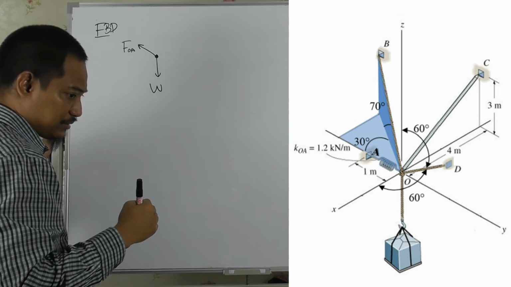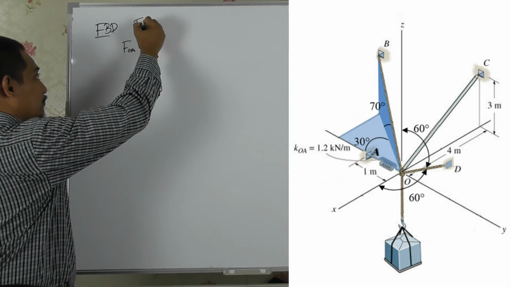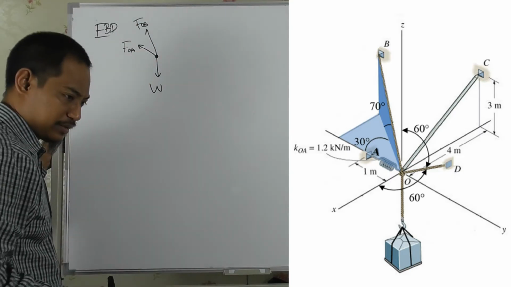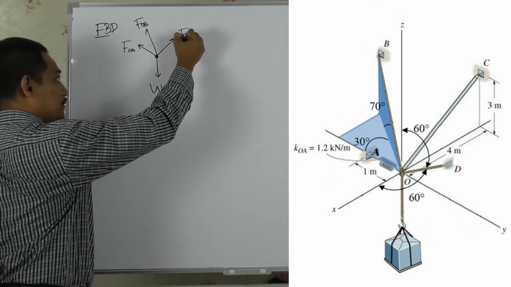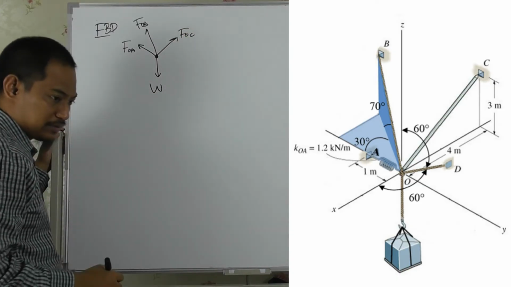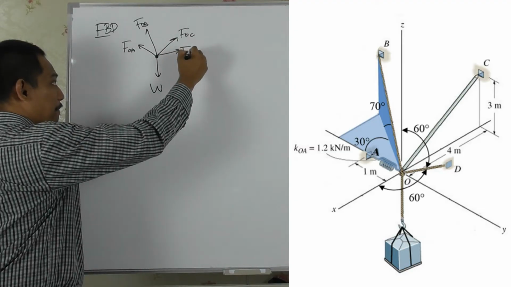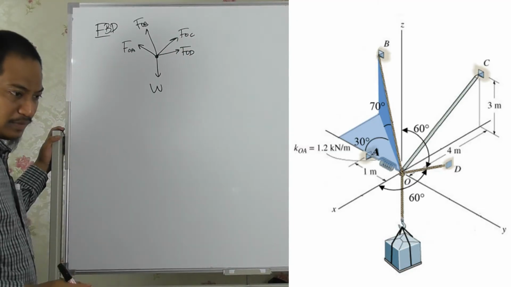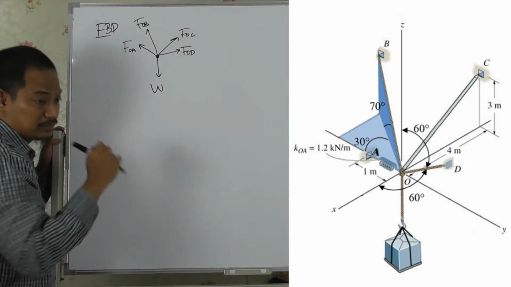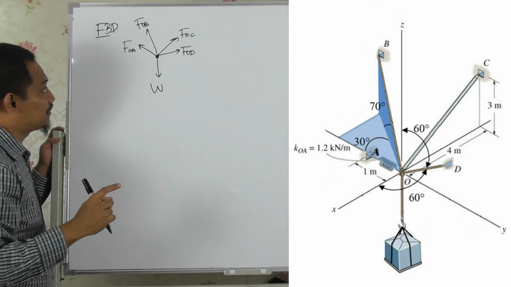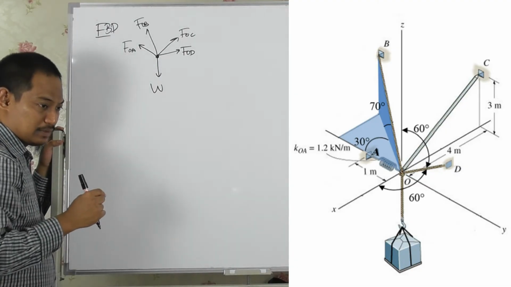And then we have FOB at a certain angle there, and then we have FOC there, the rod, and then we have FOD here. Now FOB and FOD are confirmed in direction as such because they are cables.